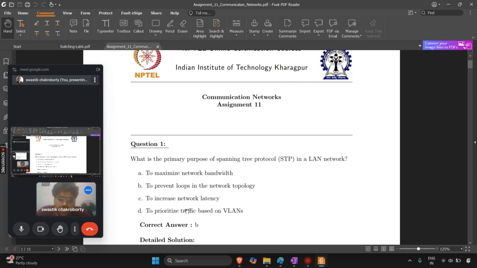The main purpose of the spanning tree protocol is to prevent loops in network topology. So the packet that I am forwarding to some guy somewhere should not come back to me. That is the main prerogative of this LAN network. So the answer is to prevent loops in the network.